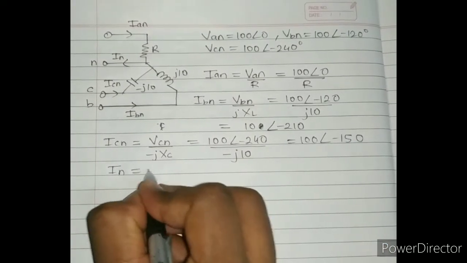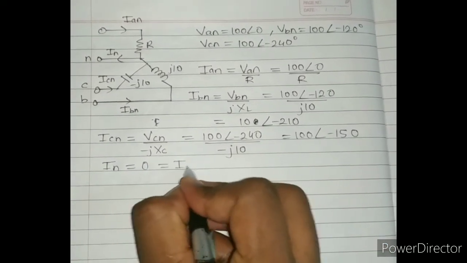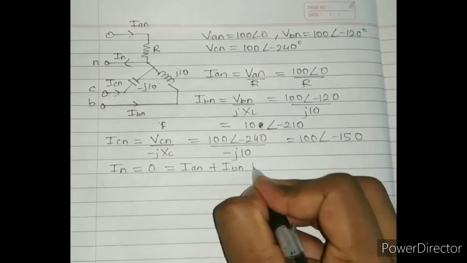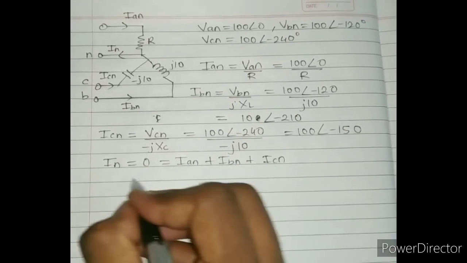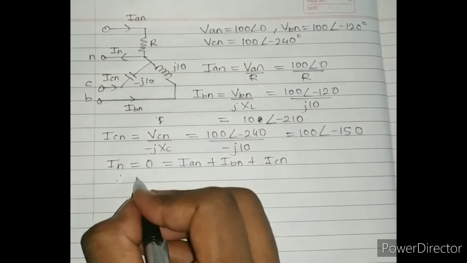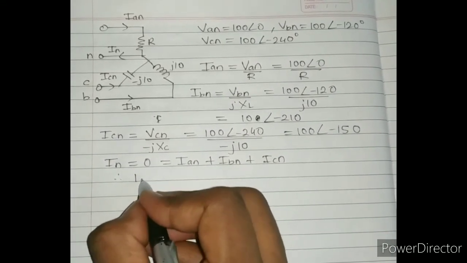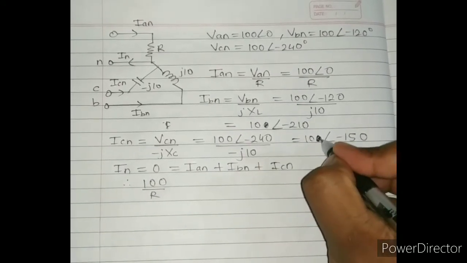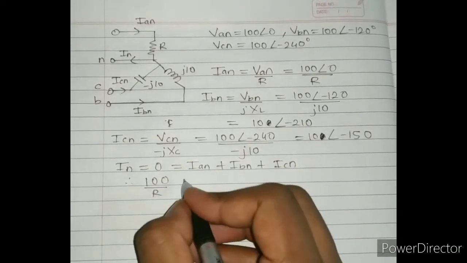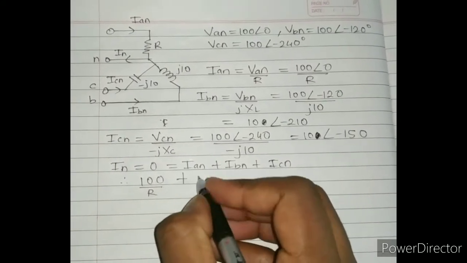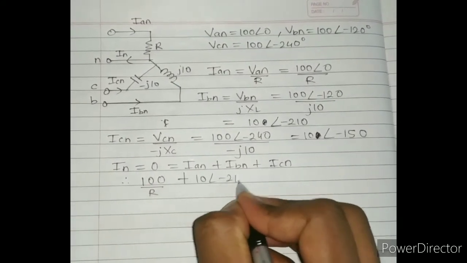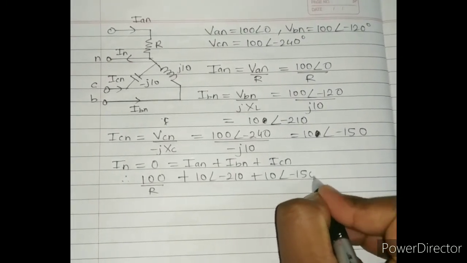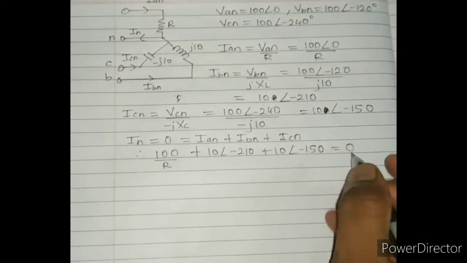Now IN is equal to 0, which is equal to IAN plus IBN plus ICN. Therefore 100 upon R plus 10 angle minus 210 plus 10 angle minus 150 is equal to 0.